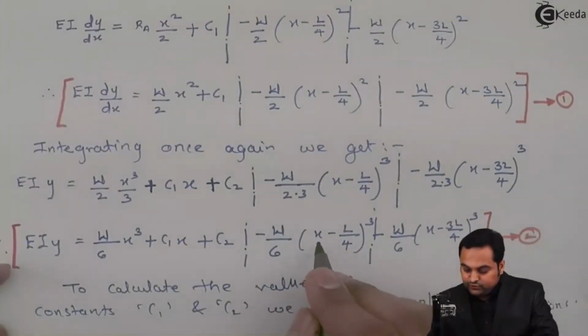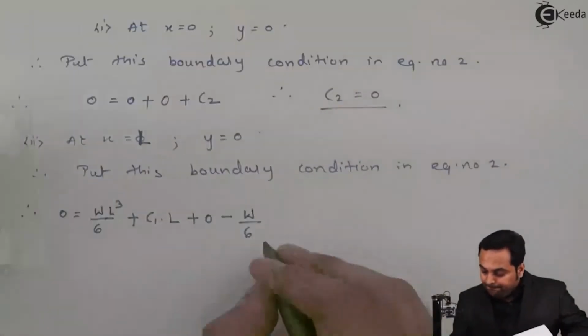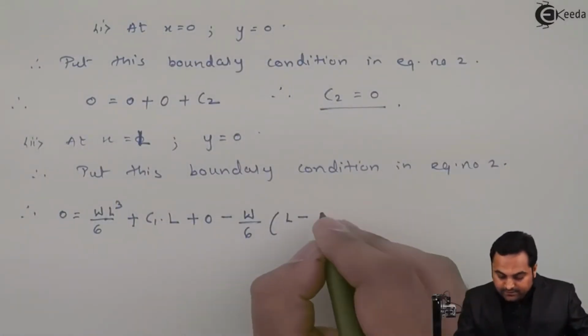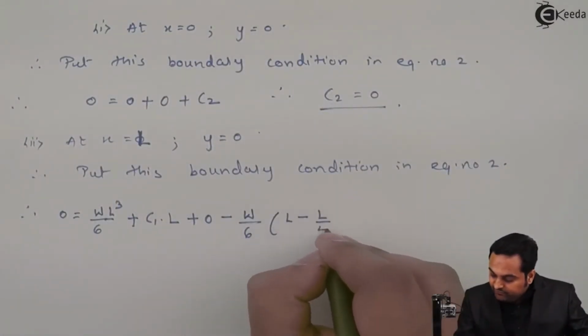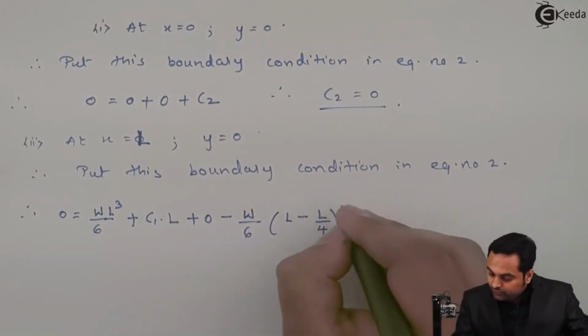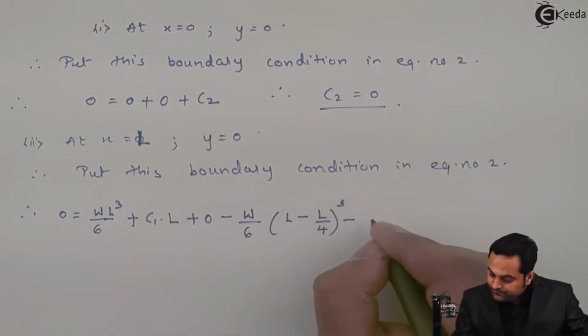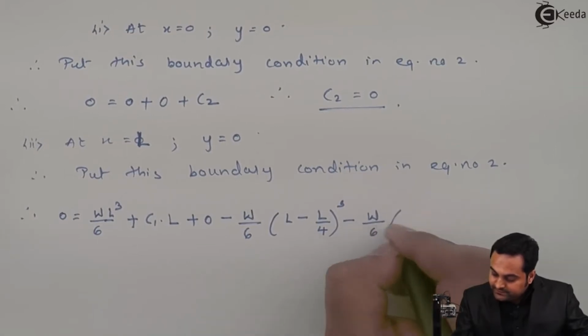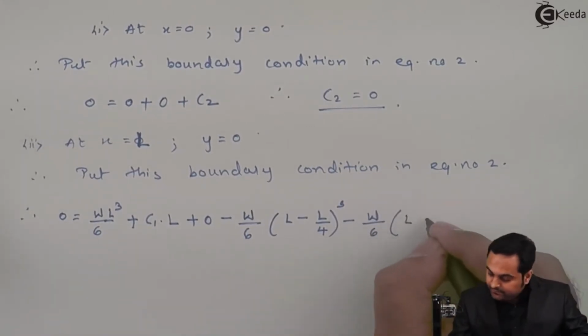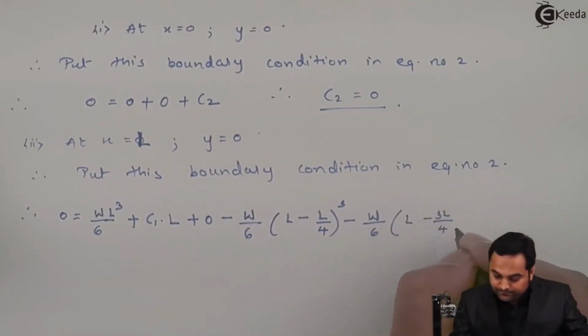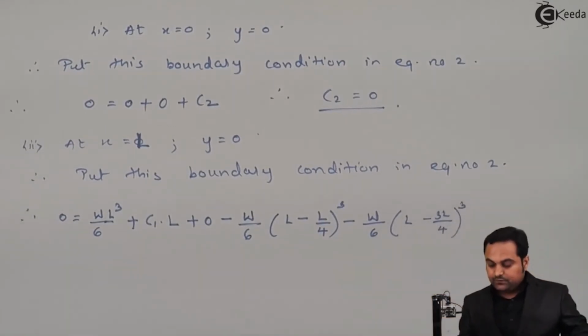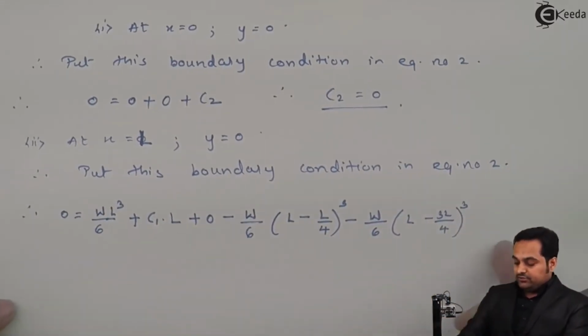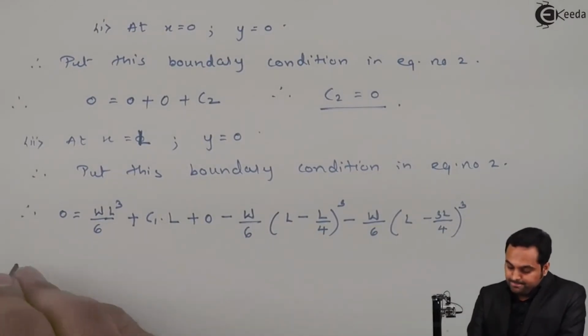Here we have x, so instead of that I'll put L, L minus L by 4 cube, minus W by 6, x is L minus 3L by 4 cube. So I need to simplify this to get the answer of C1.